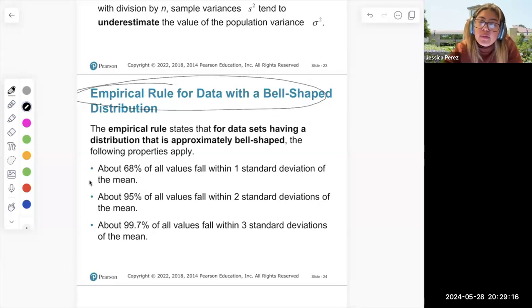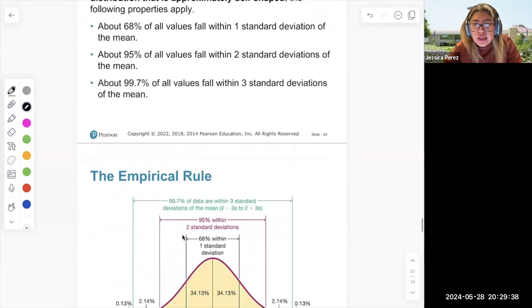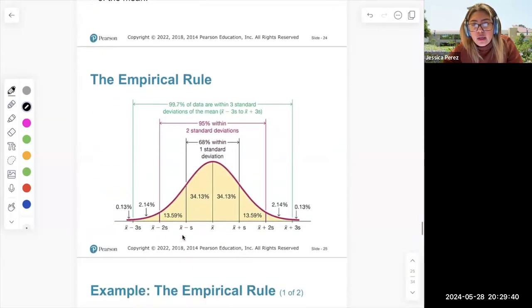About 95%, that's what we saw earlier with the yellow when we colored in our normal curve, 2 standard deviations away was 95% of all data. So about 95% of all values fall within 2 standard deviations away from the mean. And about 99.7% of all values fall within 3 standard deviations away.